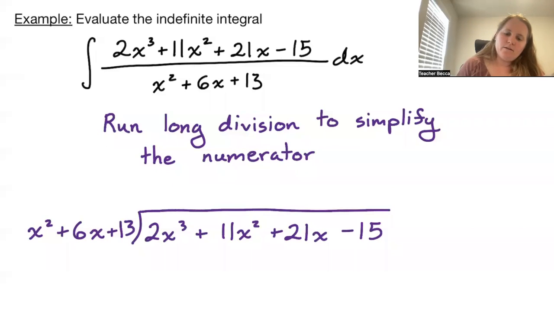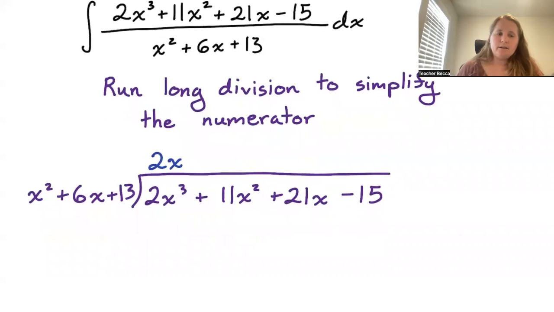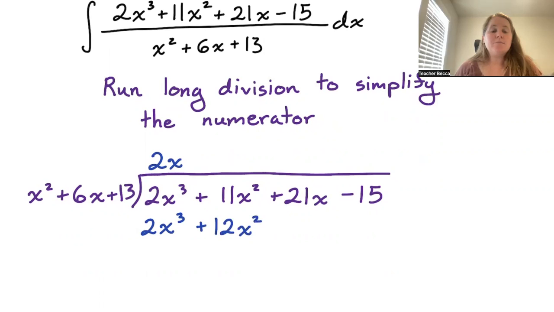X squared goes into 2x cubed 2x times. 2x times x squared would be 2x cubed. 2x times 6x would be plus 12x squared. 2x times 13 would be a plus 26x. And then we are going to go ahead and subtract this all.